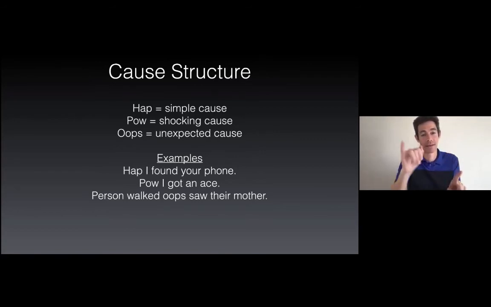Pow means something shocking, a shocking cause. And then oops means an unexpected cause. You can sign that as wrong, but it doesn't actually mean wrong in this case. It just means this was unexpected.